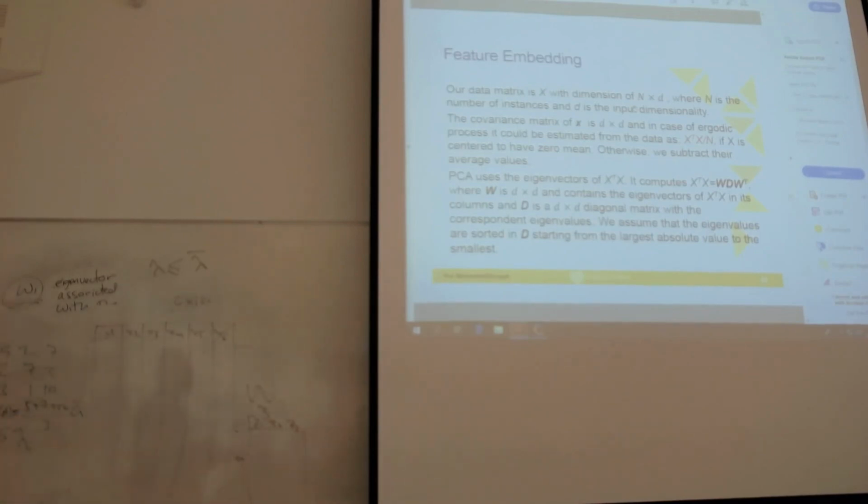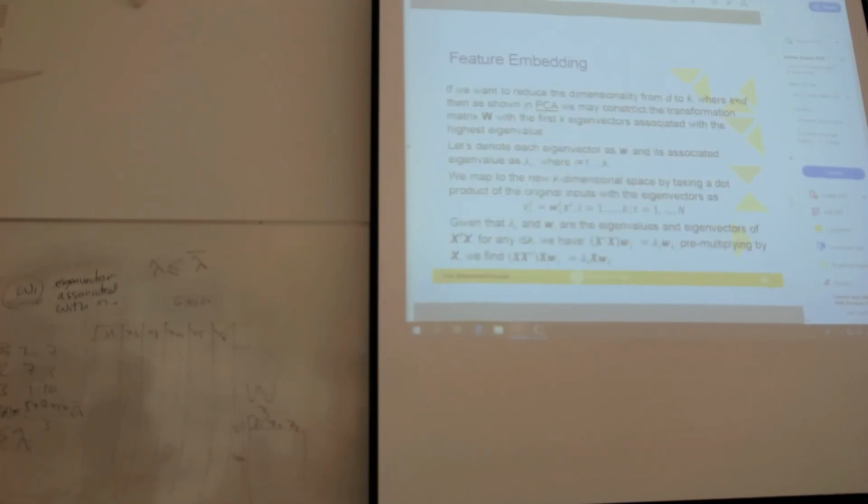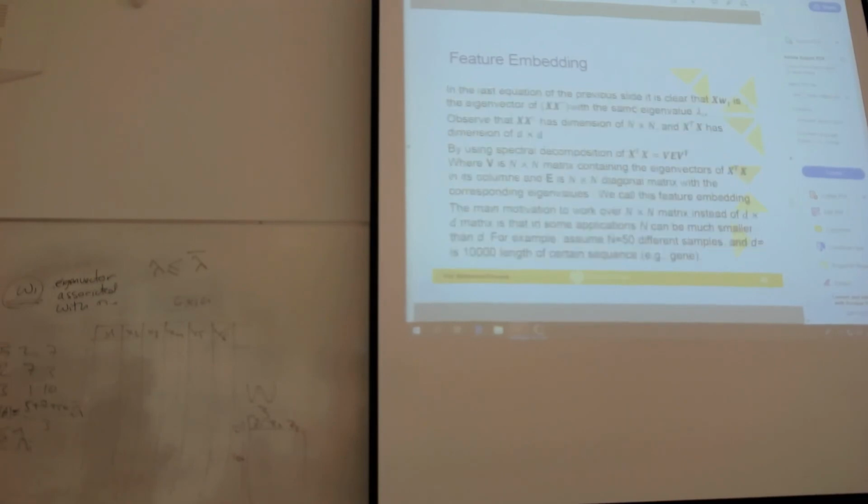So it is possible to reduce by looking at the repetition or redundancy in the samples themselves, not in the dimensions. This is possible by a simple extension of PCA, the principal component analysis. In that case, it is called feature embedding, but it is the same concept actually.